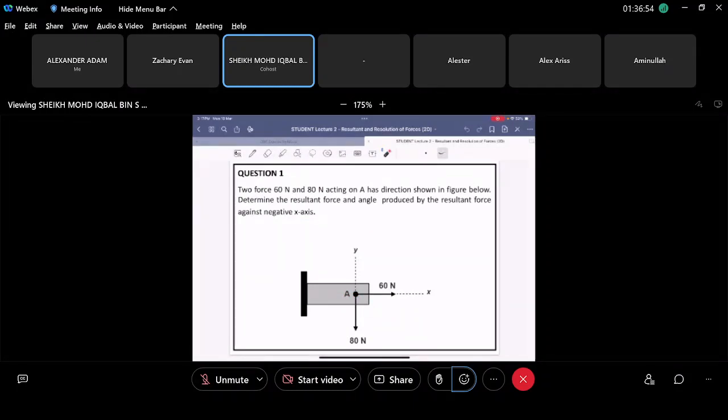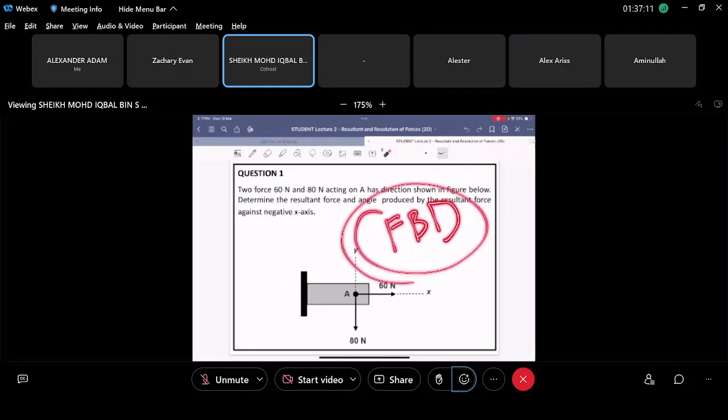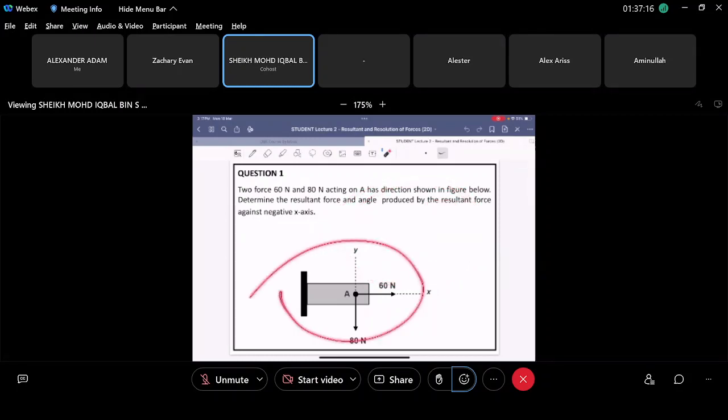So the first thing that you need to do is what? Anyone? The first thing that you need to do when you encounter a problem in applied mechanics is always to draw the free body diagram. It's very important because this is a simple figure, but later you will encounter very difficult pictures to analyze.